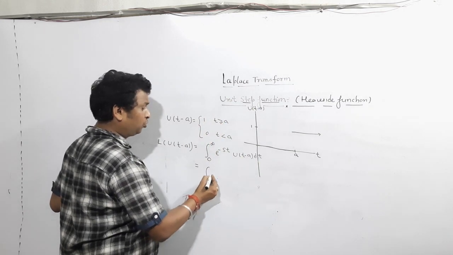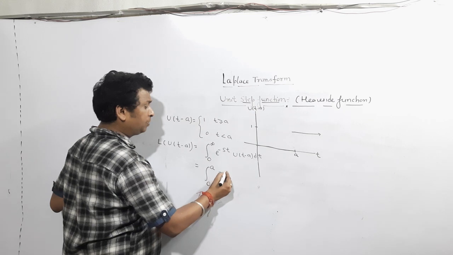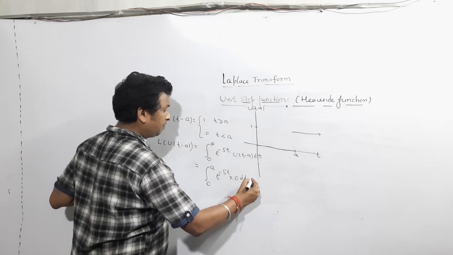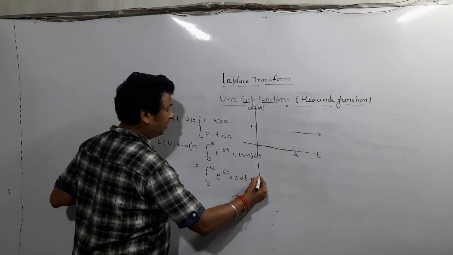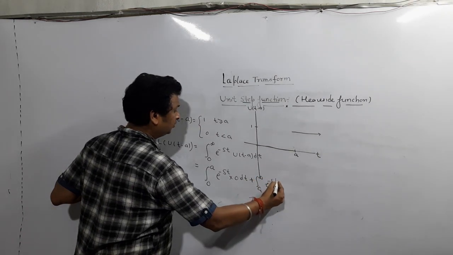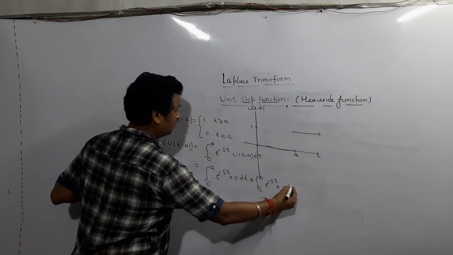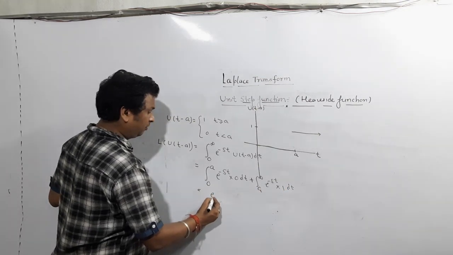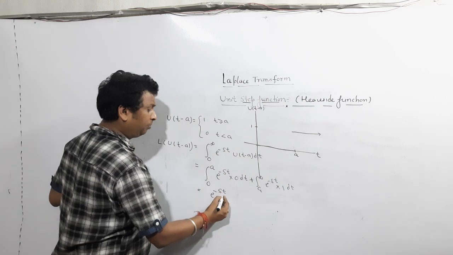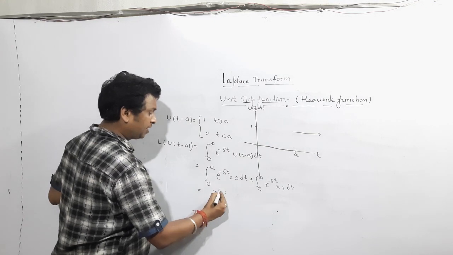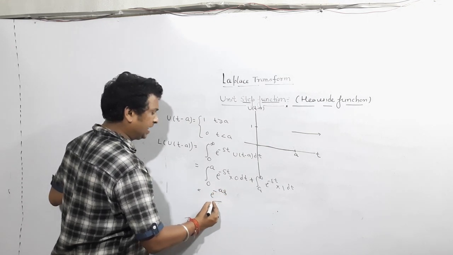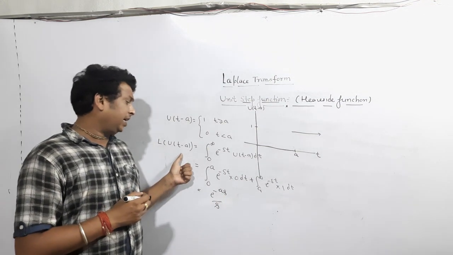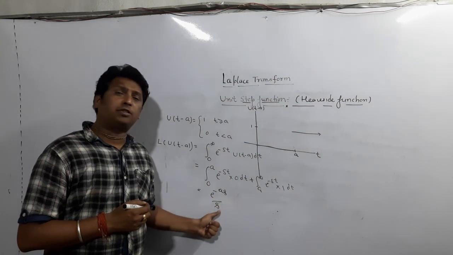So it becomes integral from 0 to a of e to the power minus st times 0 dt, plus integral from a to infinity of e to the power minus st times 1 dt. The first is 0, and when you simplify, the value becomes e to the power minus as by s. Simple integration. So the Laplace of u(t minus a) is e to the power minus as by s.